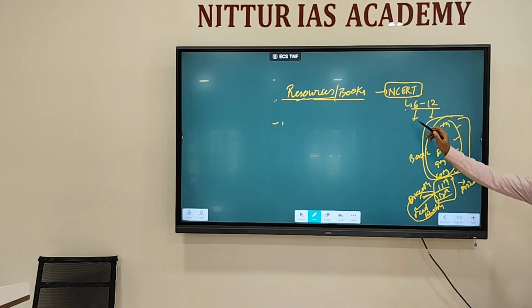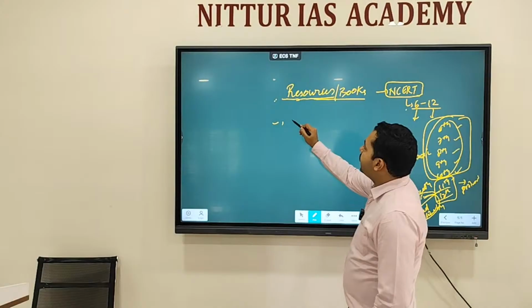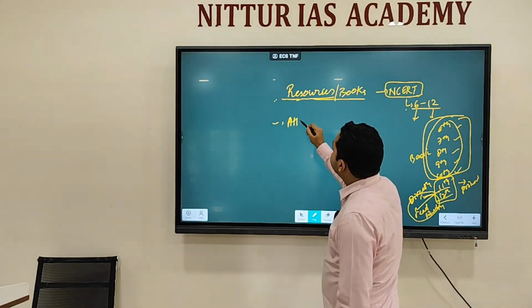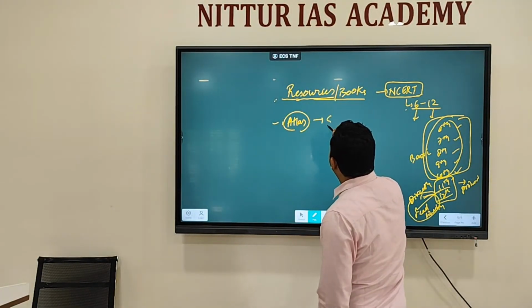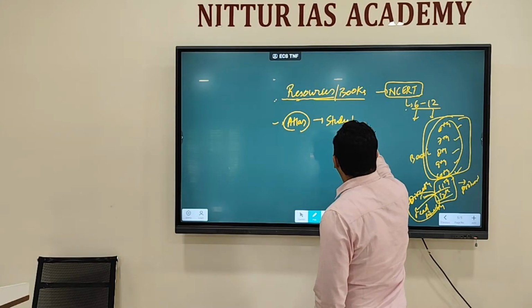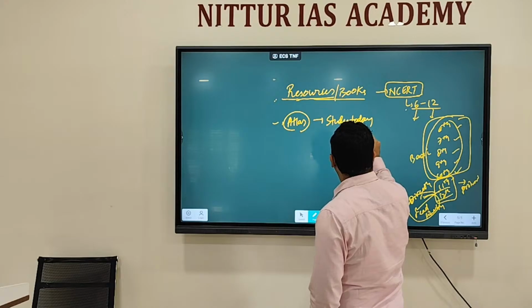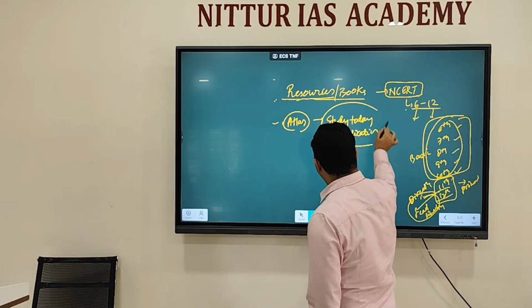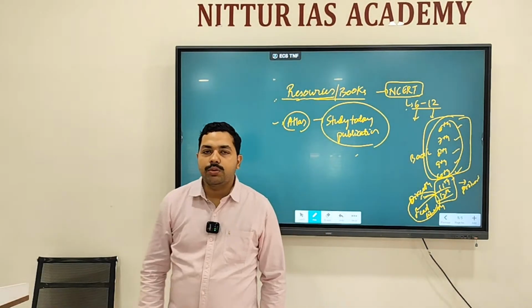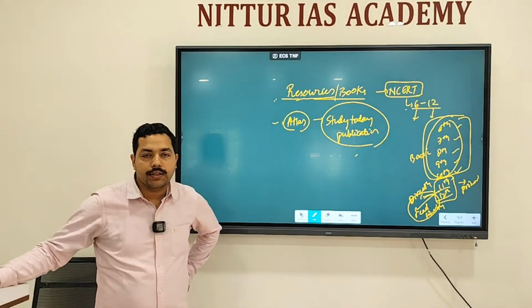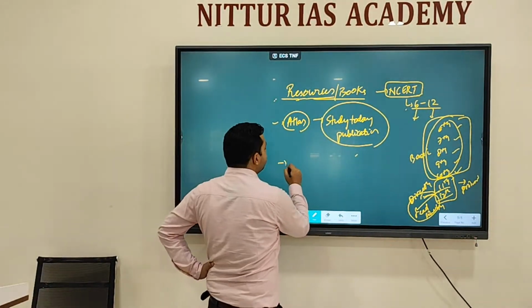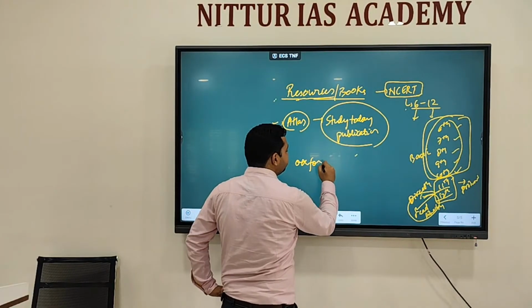Other than that, you have to take an atlas. Basically, there is the Study Today publication atlas. You can take this atlas. There is another one available, which is called the Oxford Atlas.